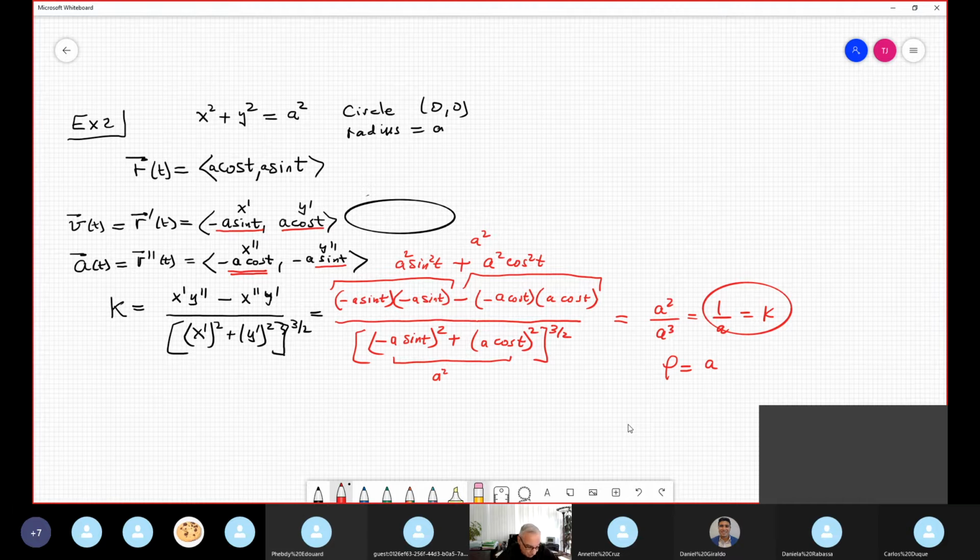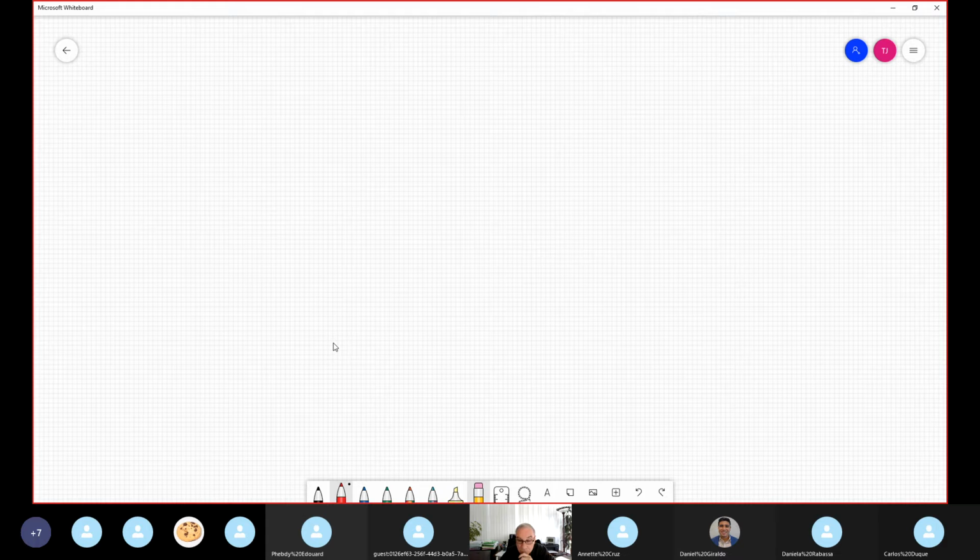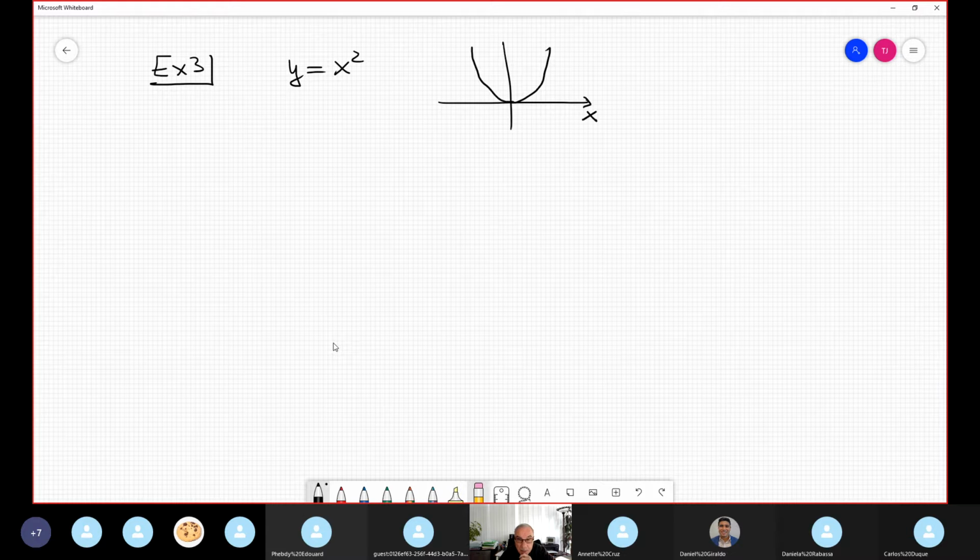Let's move on to the parabola. Another example of a 2D parabola, using the same formula. Example 3. Suppose the equation y equal x squared. It's a parabola, the basic parabola, not sophisticated, opening up.